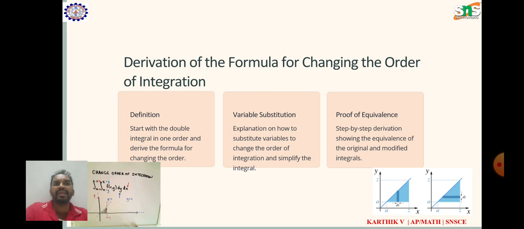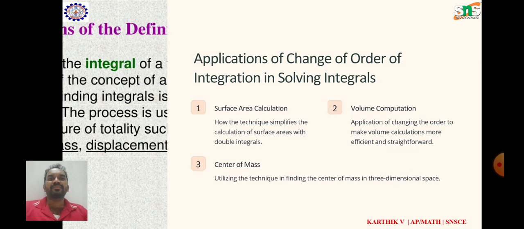Then the integral can be expressed as integral a to b, integral g1 of x to g2 of x, f of x comma y into dy dx. After changing the order, the integral becomes integral c to d, integral h1 of y to h2 of y, f of x comma y dx dy.